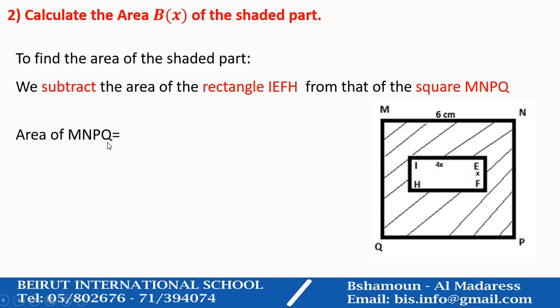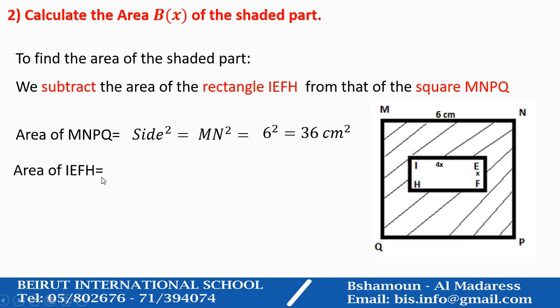So, area of MNPQ, which is a square, is side to the power 2. So, it will be MN to the power 2. MN is 6 centimeters as you see here. So, it's 6 to the power 2, which is equal to 36 centimeters squared. This is the area of the square MNPQ. The area of IEFH: IEFH is a rectangle, so it's length times width.